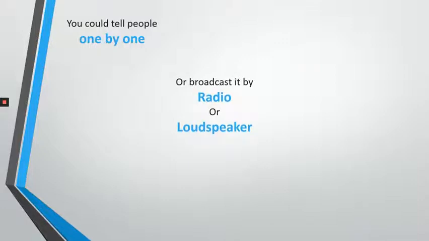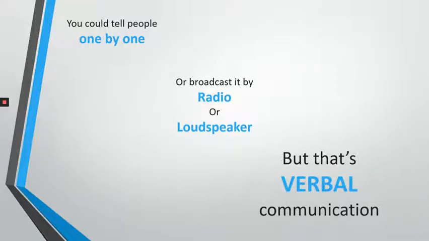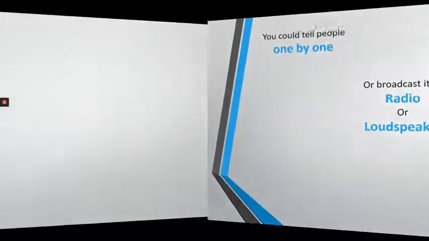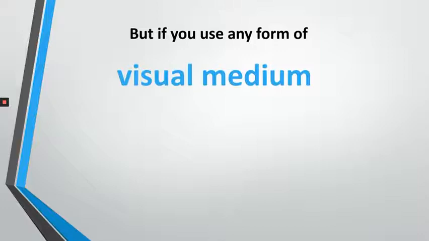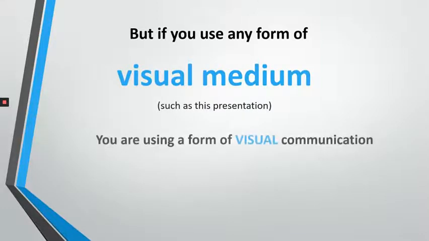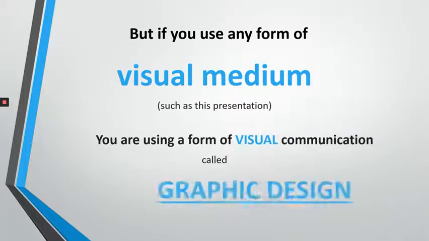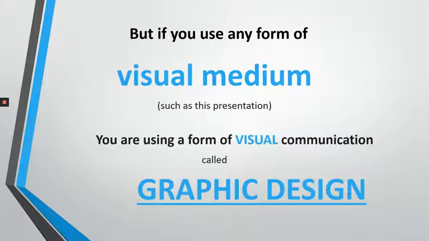How do you send it? You could tell people one by one, or broadcast it by radio or loudspeaker. That's verbal communication. But if you use any form of visual medium, such as this presentation video I'm making right now, you are using a form of visual communication called graphic design.